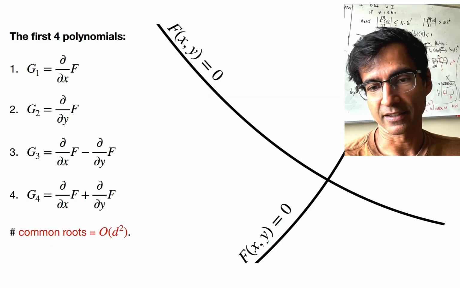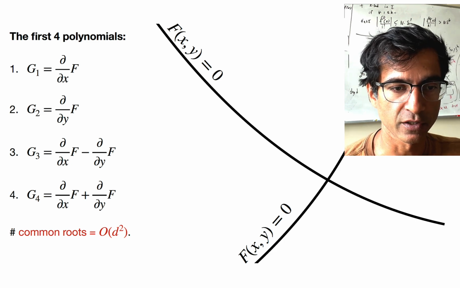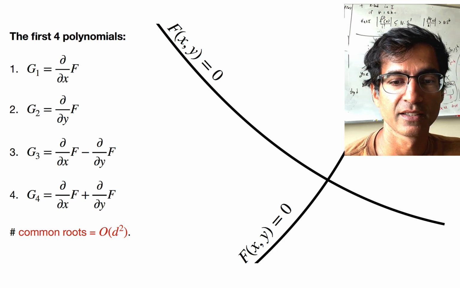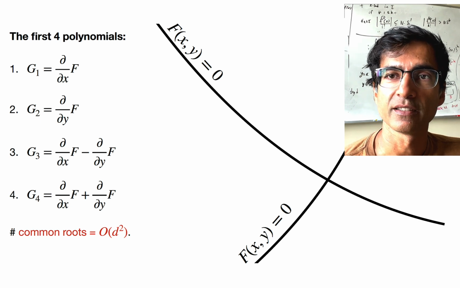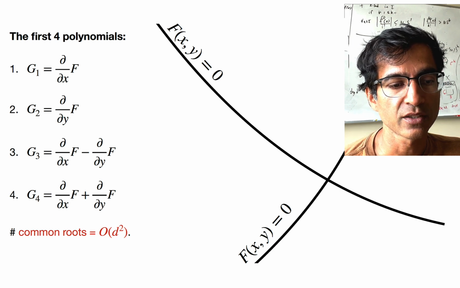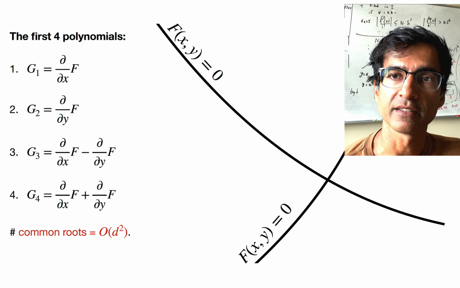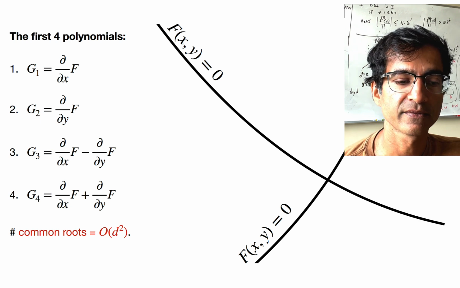So let's say here's a simplified version of that picture. This is the set of points where the polynomial f of x, y vanishes. Let's consider these four polynomials, g1 through g4. They're the partial derivatives of f, their sum, and their difference.